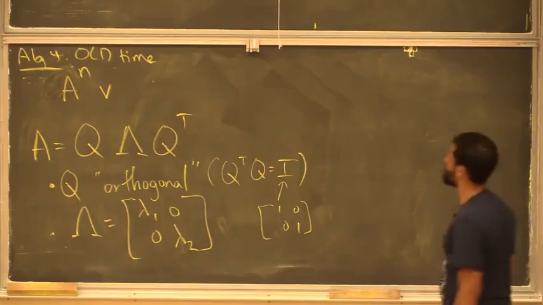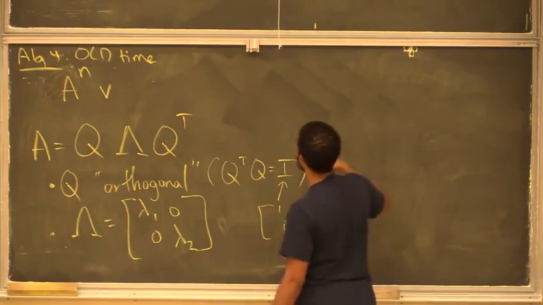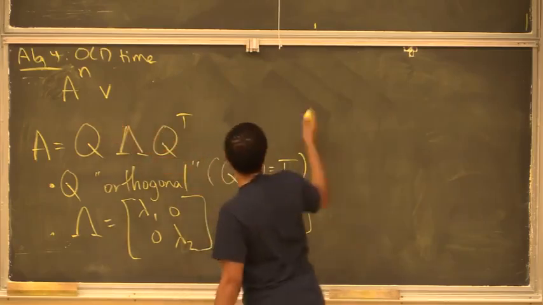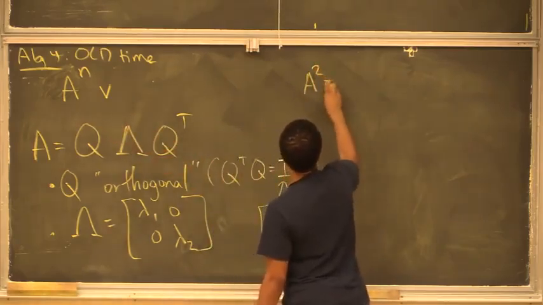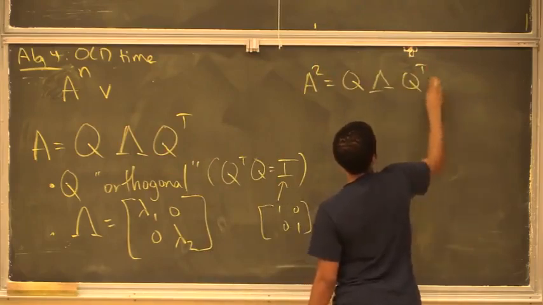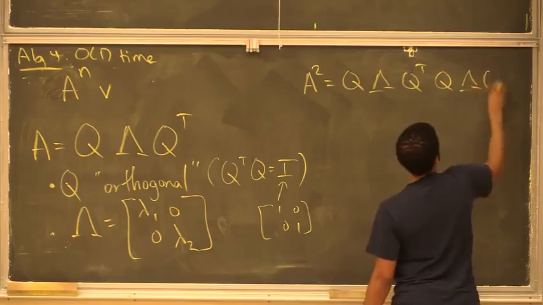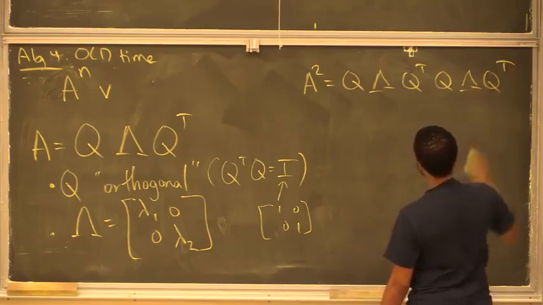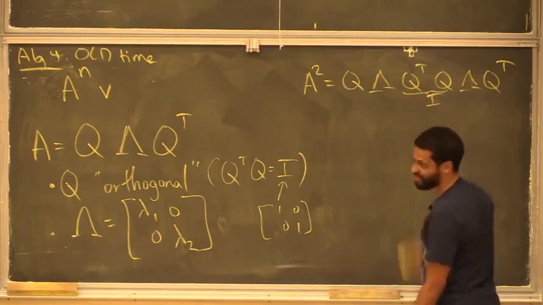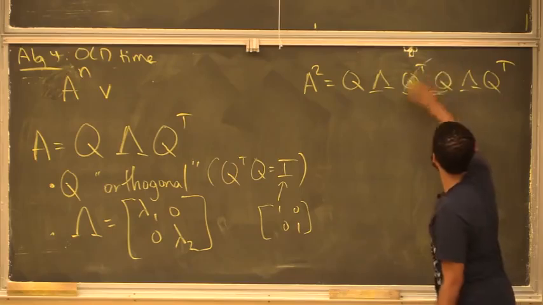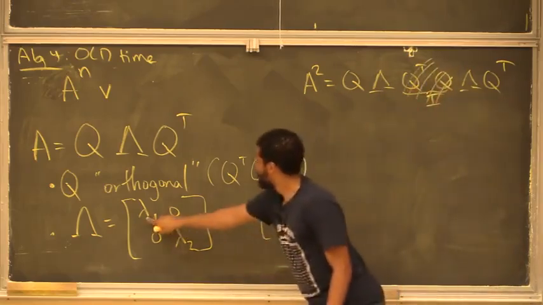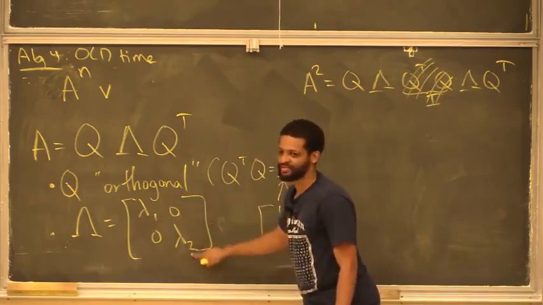These are the eigenvalues. If I could get this decomposition, then let's think. I'm trying to compute A to the n times V. What's A squared? A squared is Q lambda Q transpose Q lambda Q transpose. But Q transpose Q is the identity, so it kind of goes away. And lambda times lambda, lambda squared, these entries just get squared.